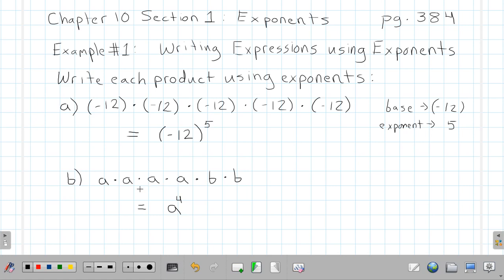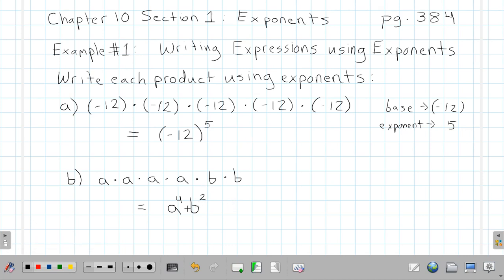Okay, now that we've taken care of the a's, let's look at the other factor. The other factor we have over here is b. So that tells us the base for this part is b. And how many times is it represented here? Well, there's 1, 2 b's, so the exponent on the b is 2. And that's really all there is to it.